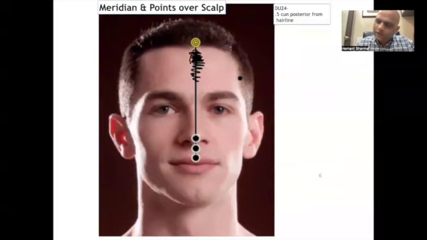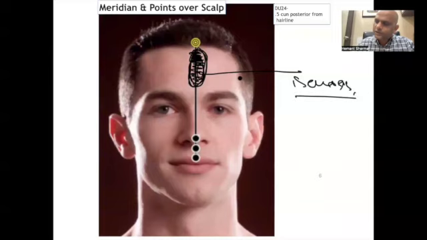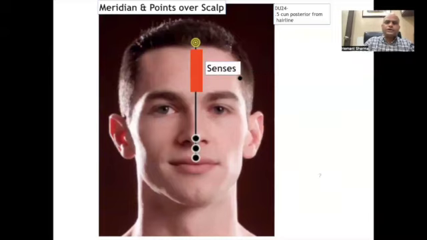So if I make the round here, this whole area is connected with the senses. Or we can see in the other image. Between the hairline and here, this area is connected with the senses.